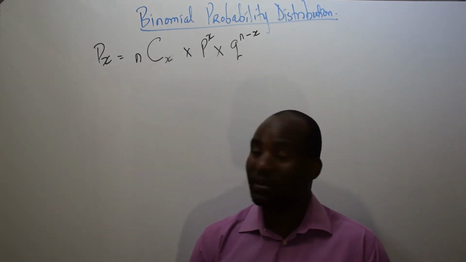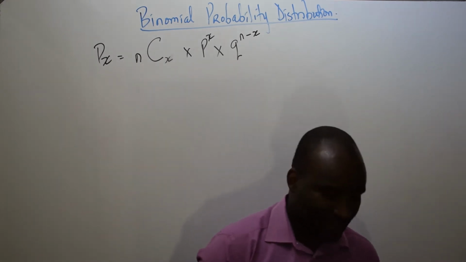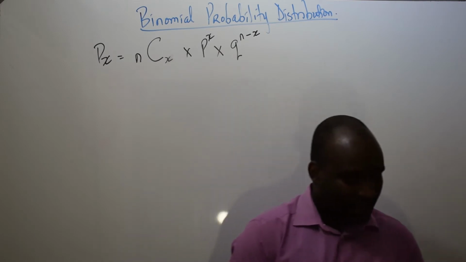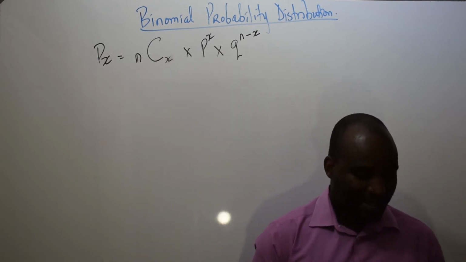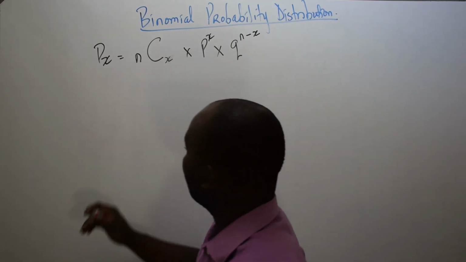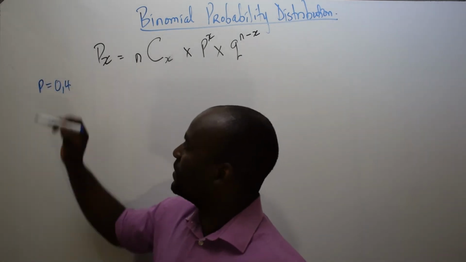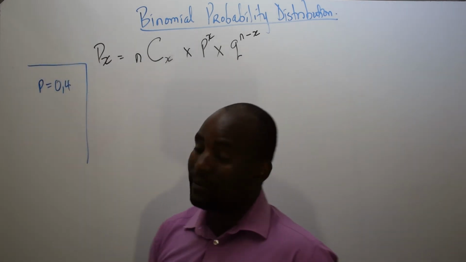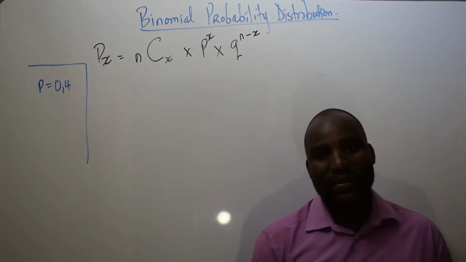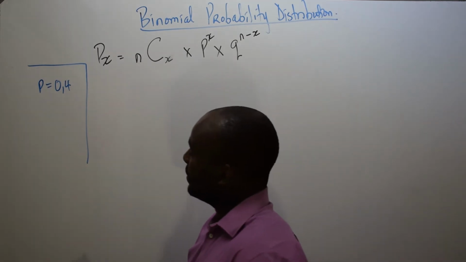In our reading of the question, we must identify the things. So in this question, Innocentia has a chance of 40% of making the sale. Our p is 40%, and 40% is 0.4. The other thing we need is n.